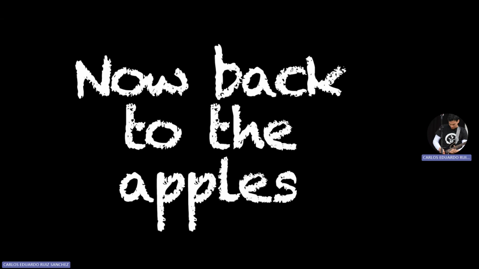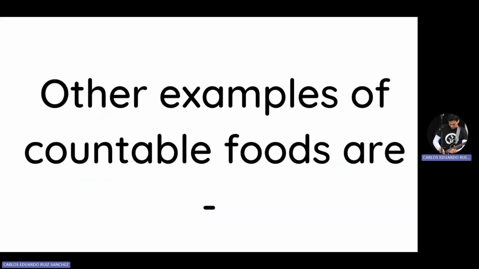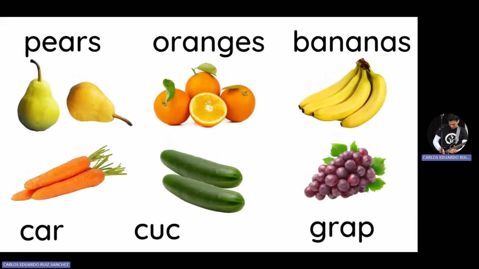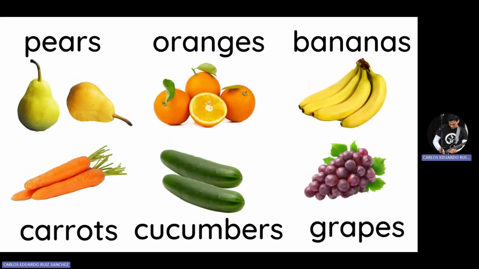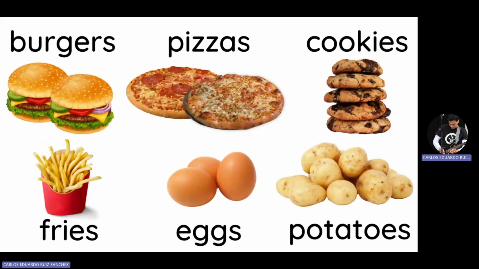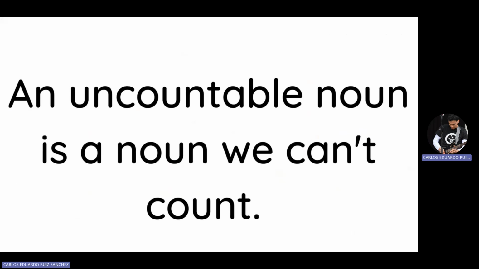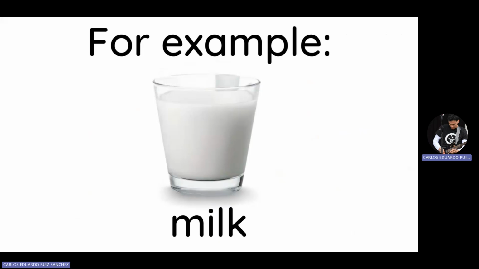Now back to the apples. We can count apples. Four apples. Other examples of countable foods are pears, oranges, bananas, carrots, cucumbers, grapes, burgers, pizzas, cookies, fries, eggs, and potatoes. An uncountable noun is a noun we can't count. For example, milk.